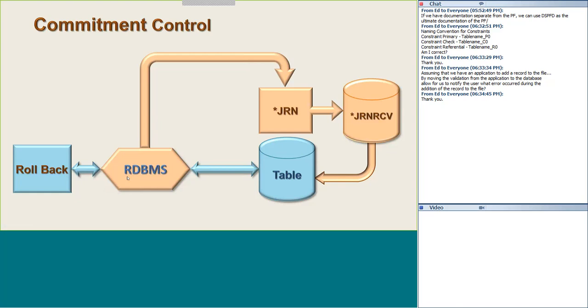What happens with IBM i is that the table gets updated, and only in the case where something goes wrong does a rollback occur, which of course we all hope to write applications that don't do, in which case there's almost 100% success on the write.